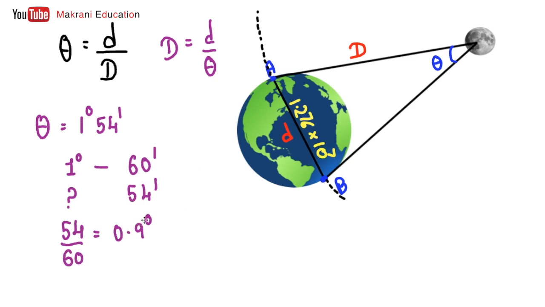Adding this 0.9 degree to 1 degree, theta is equal to 1.9 degree.